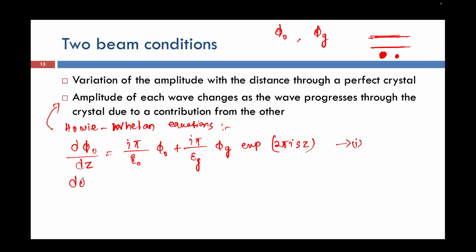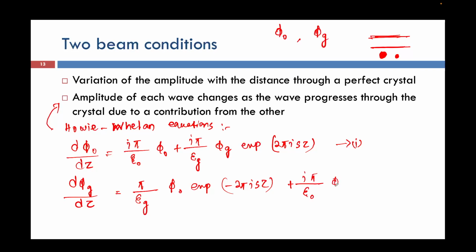Similarly, another equation will also be there, d phi g by dz. It is given by i pi divided by epsilon g phi naught exponential minus 2 pi i s z plus i pi divided by epsilon 0 phi g.